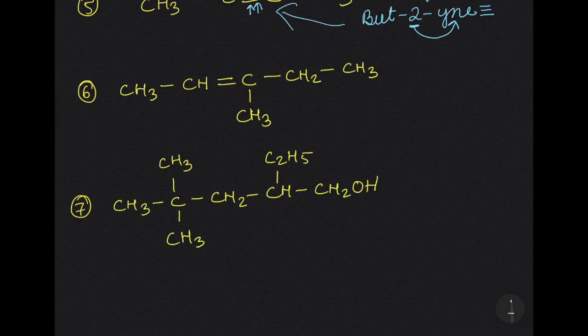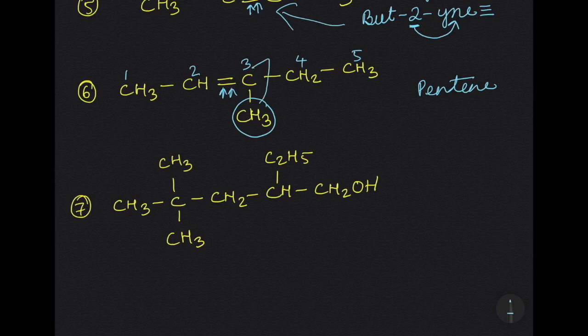Okay, now moving on to double bond. So here we have 1, 2, 3, 4, 5. Okay, now 5 means pent. There is a double bond, means ene, pentene. Okay, so the methyl group is again added to the third carbon atom.